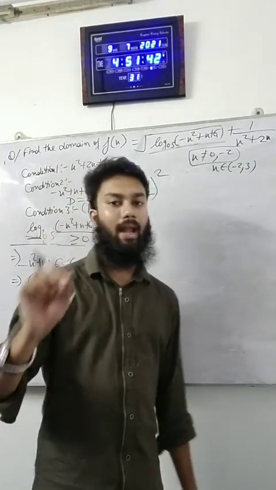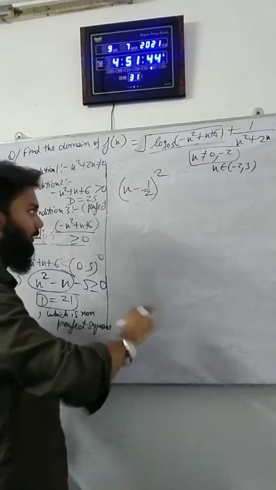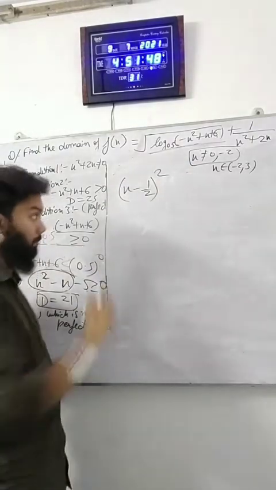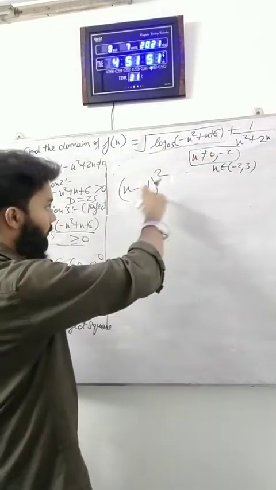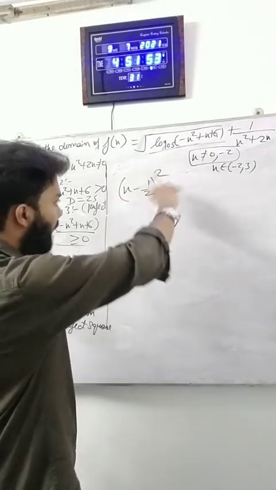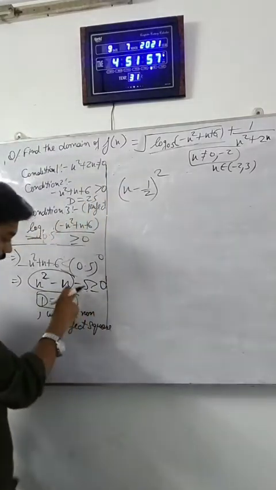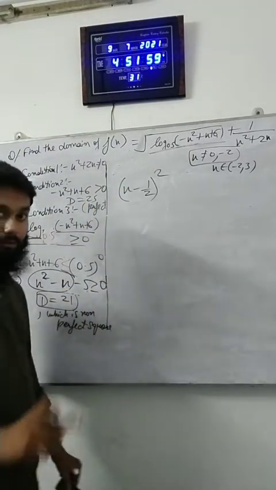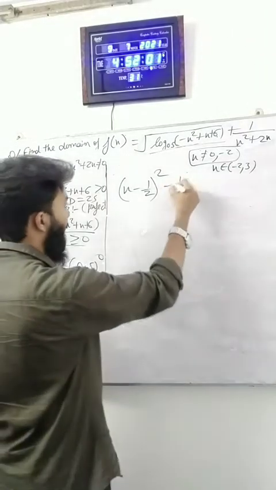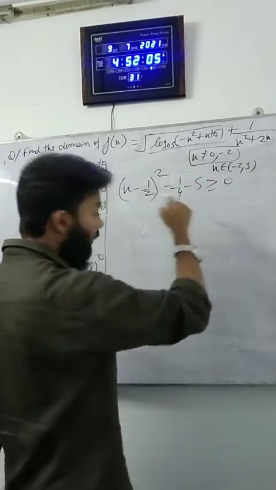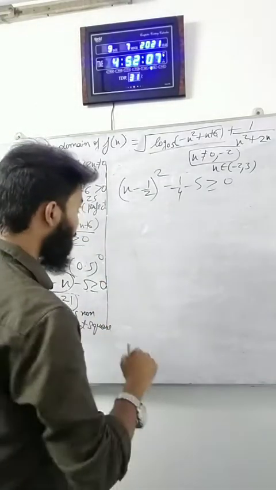But you will be getting an extra term as well. What is that extra term? That extra term is 1 by 4, plus b square. When you expand this square, you will be getting an extra 1 by 4. And 1 by 4 was not present here. So to balance that, you have to subtract 1 by 4.